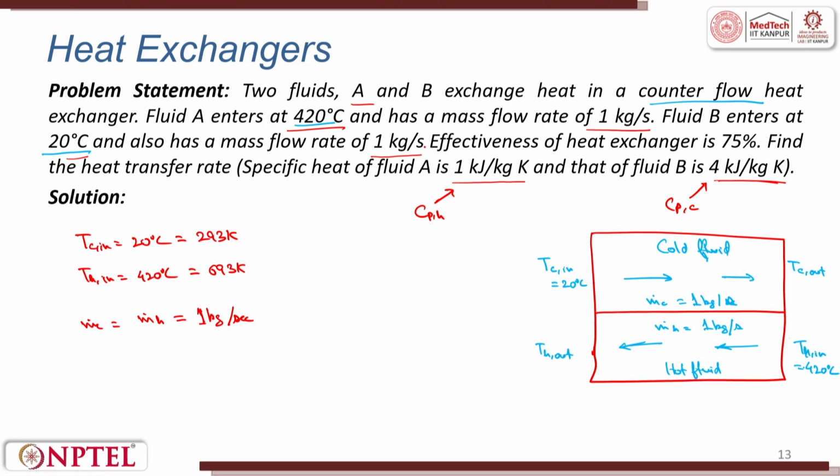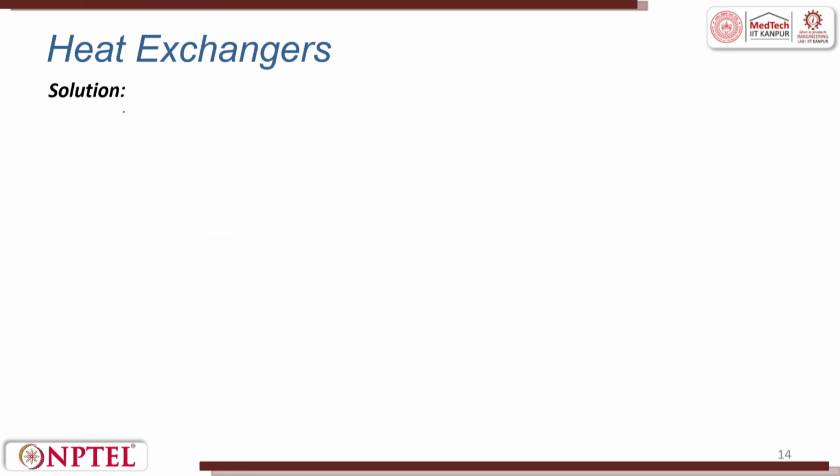Also it says the effectiveness is 75%, therefore epsilon is 75%, which is equal to 0.75. Find the heat transfer rate, they say. To find the heat transfer rate, let me first see the heat capacity rate.